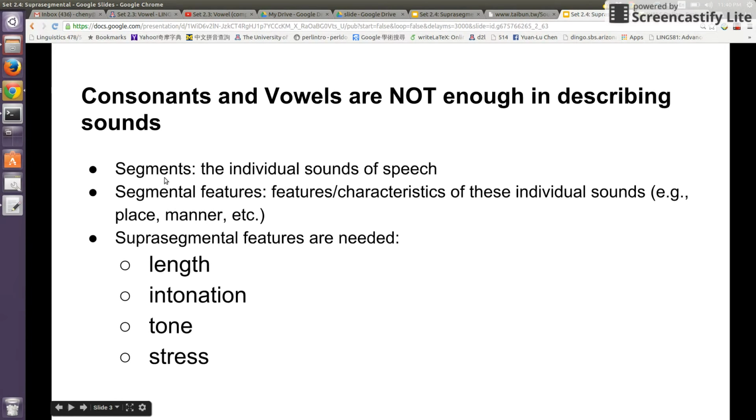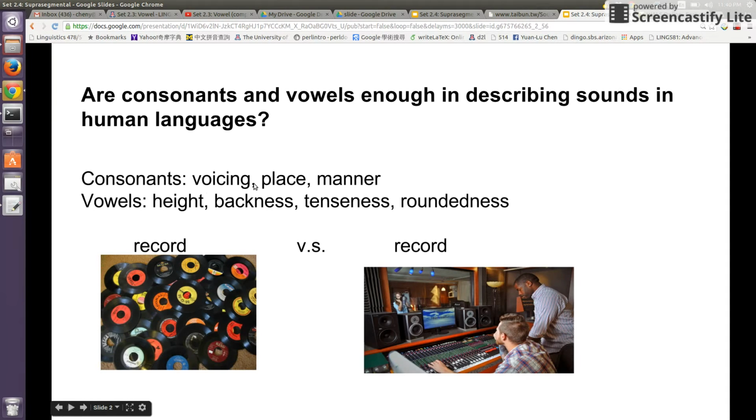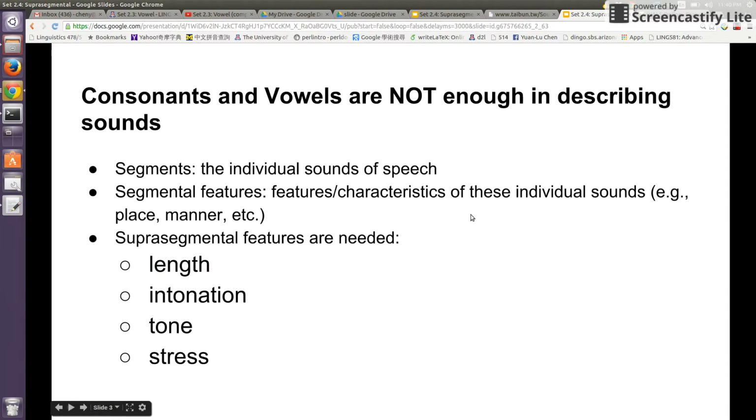Consonants and vowels are segments, the individual sounds of speech. So we have segmental features for consonants and vowels: voicing, place, manner for consonants, and for vowels, these four dimensions.